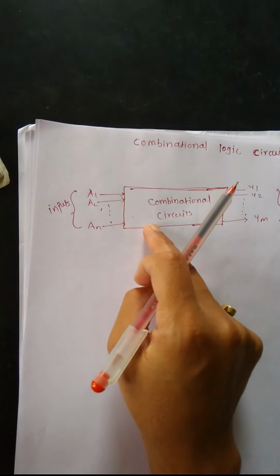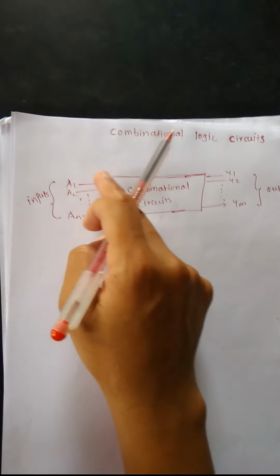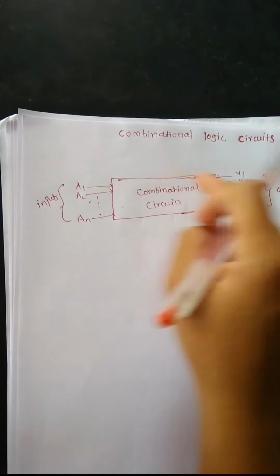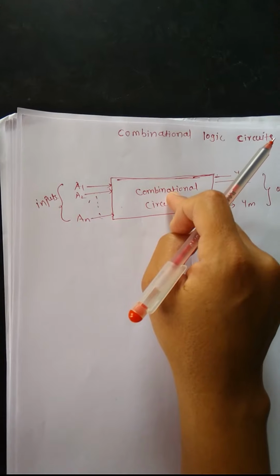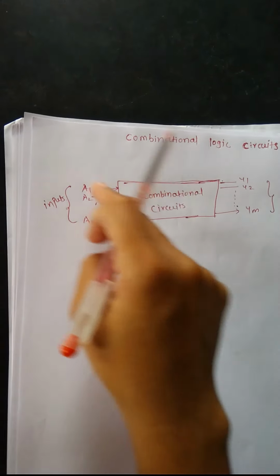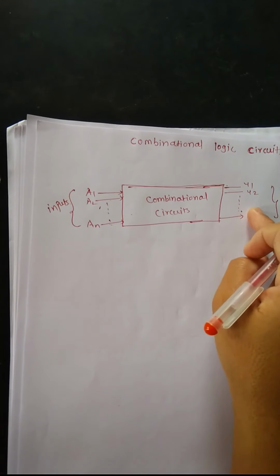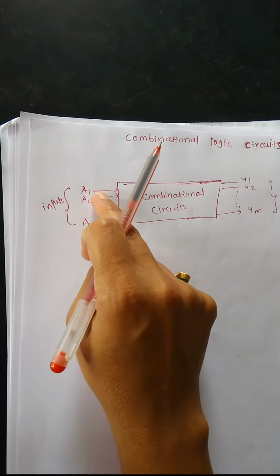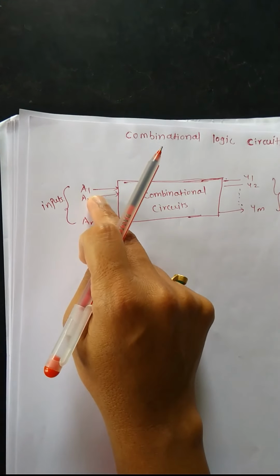This is the combinational logic circuit block diagram: n different inputs, m different outputs, and between input and output there are connected gates. These gates operate on the input and produce m different outputs, and this output depends only on the present input at that instant of time.